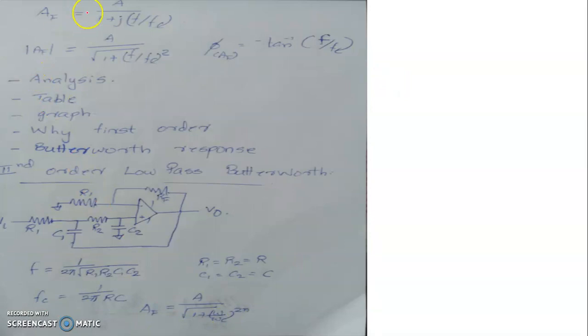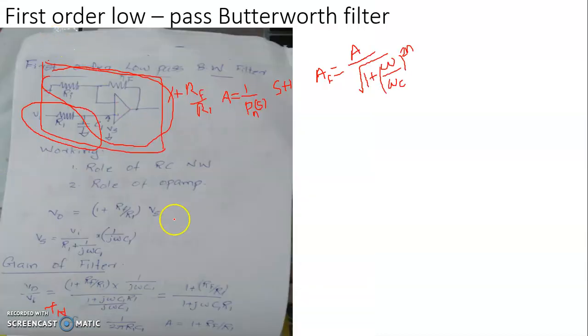For that, first of all, we will have to evaluate the gain magnitude. This is a complex gain. We substitute, say, AF is equal to A, where A is 1 plus Rf by R1, divided by 1 plus j into F divided by Fc.